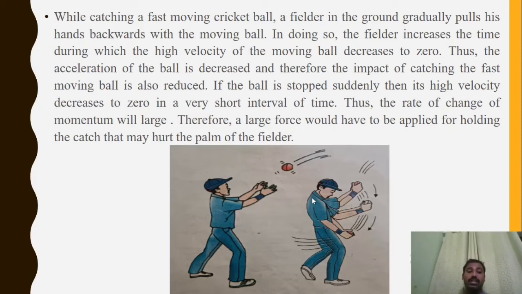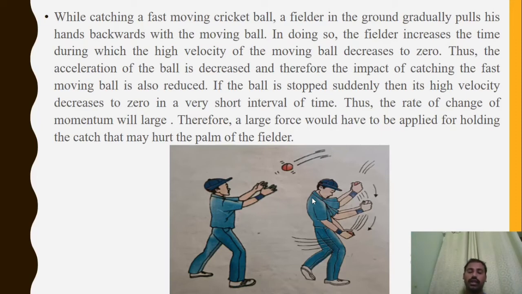The high velocity will decrease to zero in a very short period of time. That is, the rate of change of momentum during that period is very high, which may result in injury to the hand of the player.